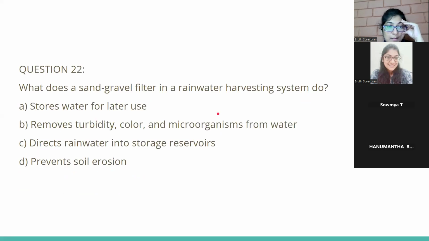Now, what does a sand gravel filter in a rainwater harvesting system do? Does it store water, remove turbidity, color, and microorganisms, direct rainwater into storage reservoirs, or prevent soil erosion?